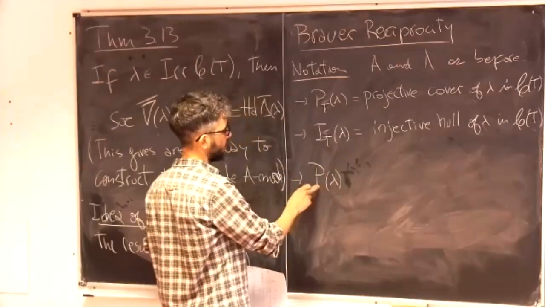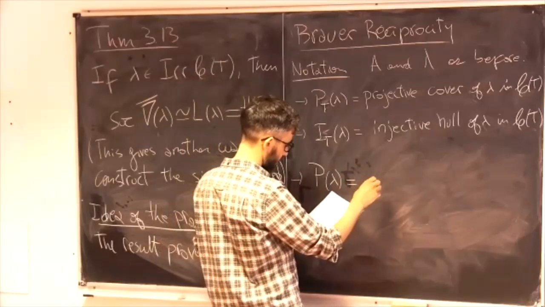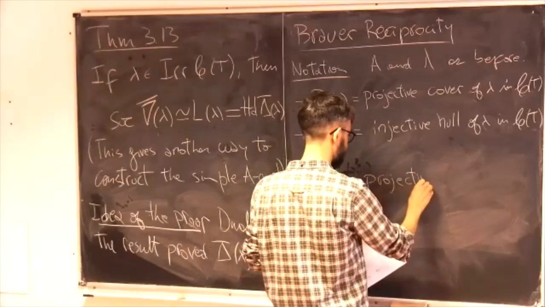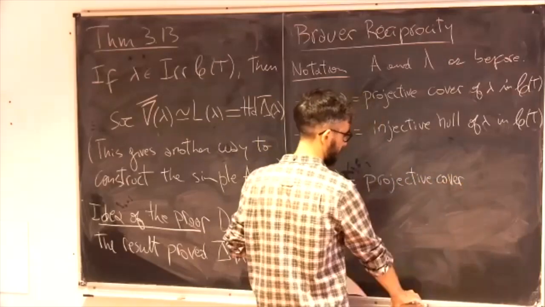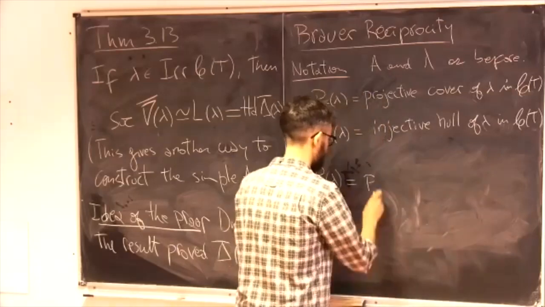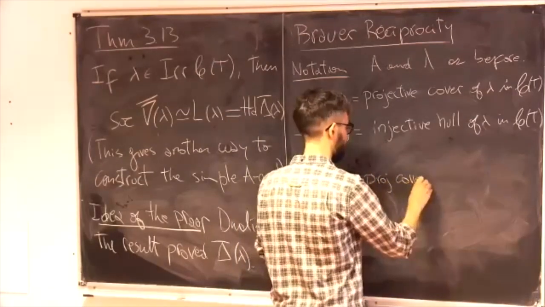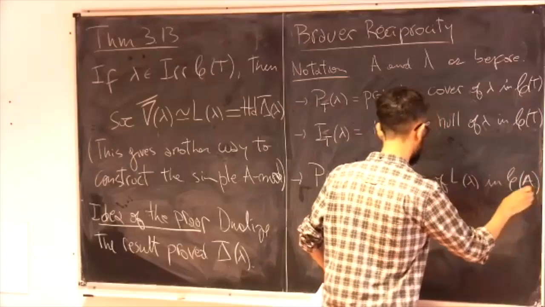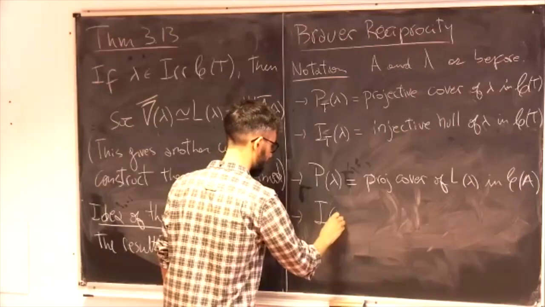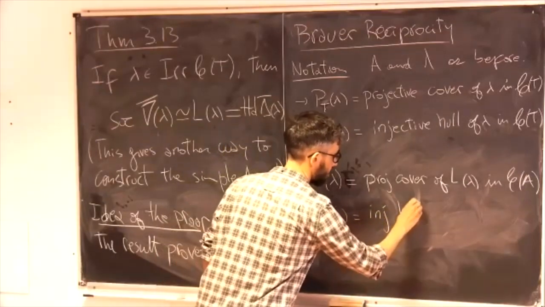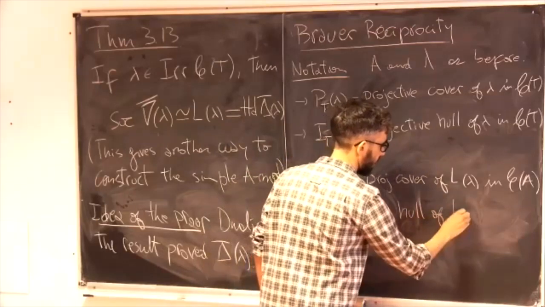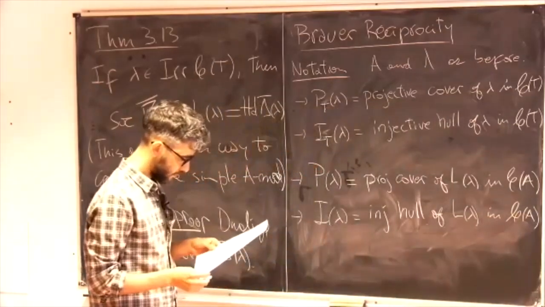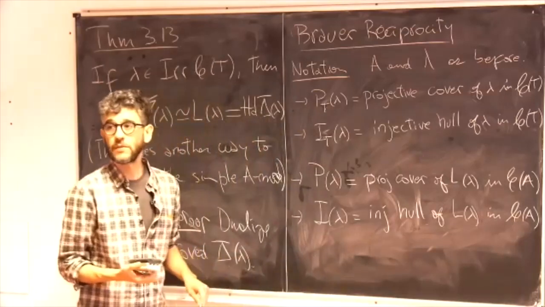We denote it P lambda, without T. This is the projective cover of L lambda in the category of A modules, and I lambda is the injective hull of L lambda in the category of A modules. This is just a notation.